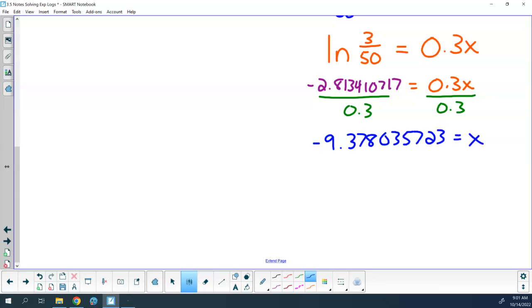Now, the normal convention for us in these type of problems is 3 decimal places. So we would accept here as an answer negative 9.378.